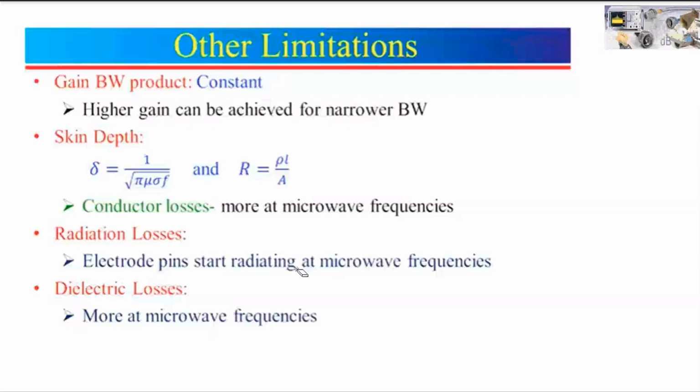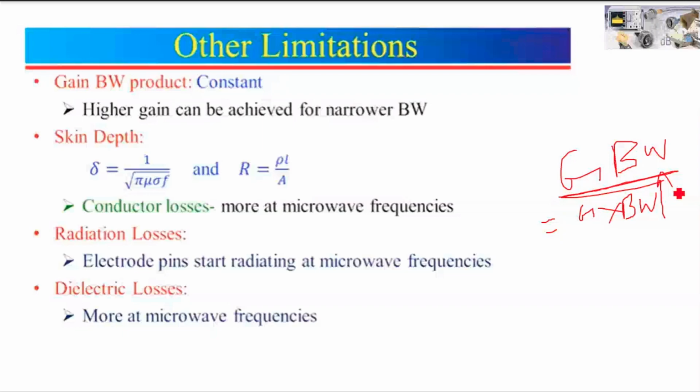Correct? So gain bandwidth product is nothing but gain into bandwidth. But for all devices, you have to keep this constant at higher frequency, at microwave frequency. At microwave frequency, what will happen? Bandwidth will increase.